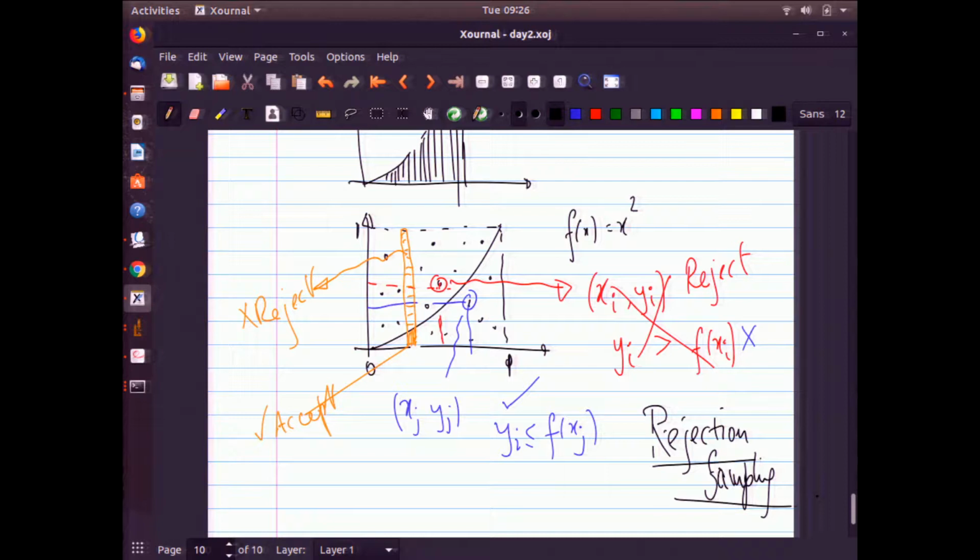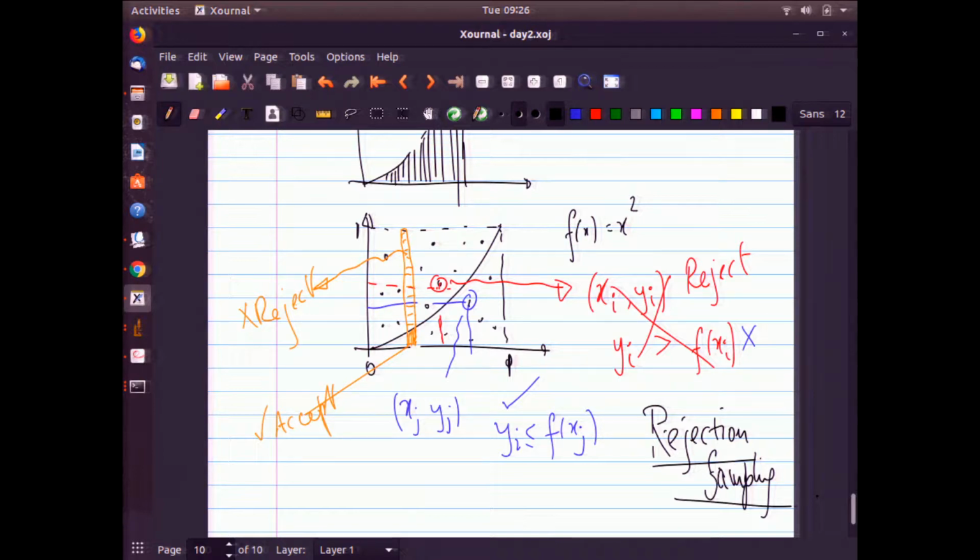Okay, and rejection sampling is very elegant in higher dimensions. It doesn't matter what your dimensionality is of the space. The only thing now is, instead of sampling a one-dimensional space, we have to draw two dimensions. That was the main cost. Right?